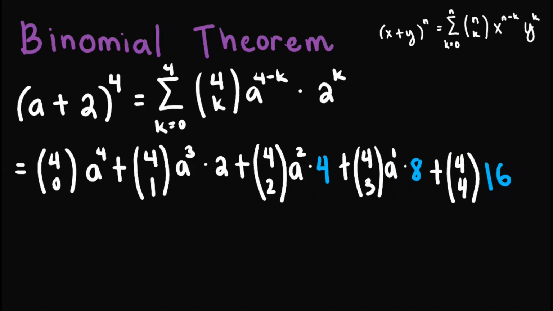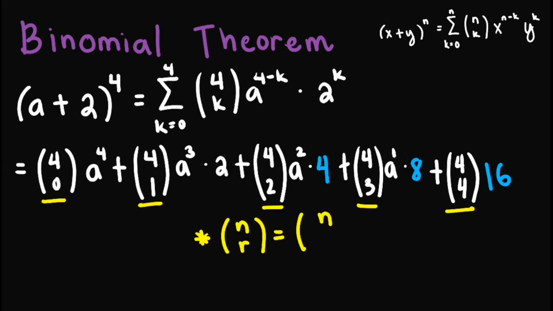Now from here, we can dive into the combinations. A useful theorem that we can use out here is that n choose r is equal to n choose n minus r.